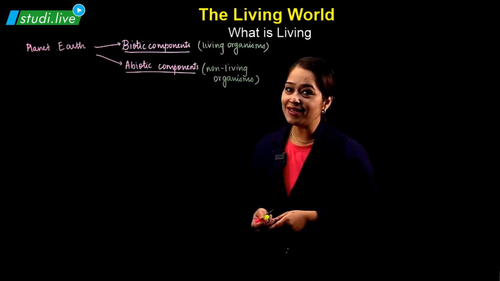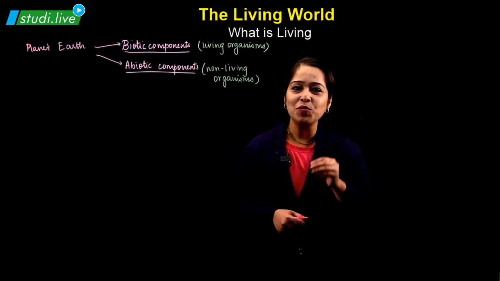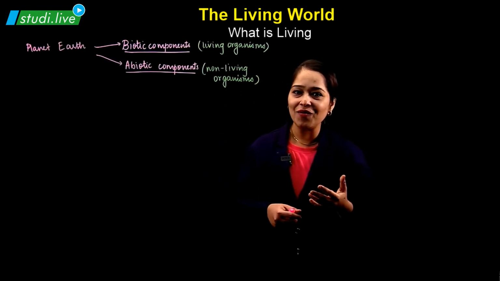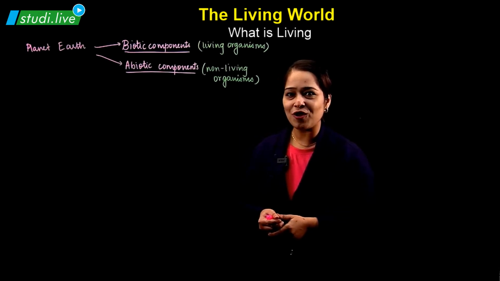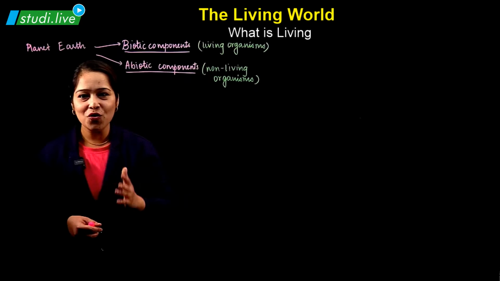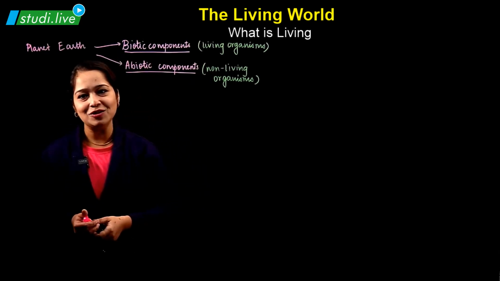Yes, there is definitely an answer to this. There are characteristics which differentiate the organisms which are living from those which are not living. Let us look at those characteristic features and try to understand what differentiates these living organisms from the non-living.